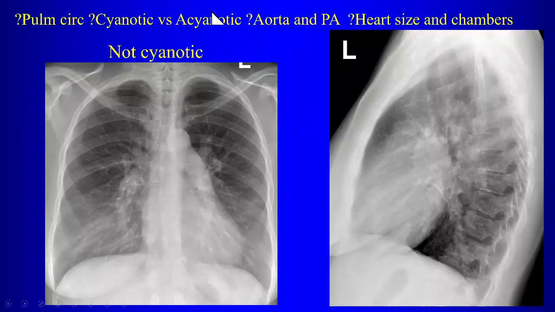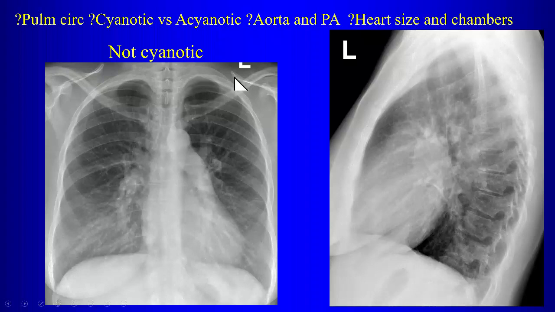So, pulmonary circulation increased. What question do you ask? Is the patient cyanotic? If the patient is not cyanotic, we're in the category of left to right shunts, right? So now you'll look at the heart chambers.